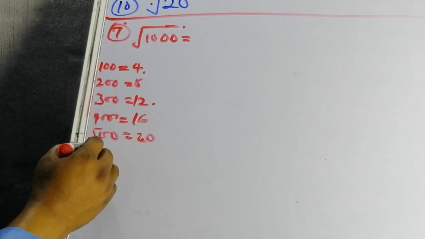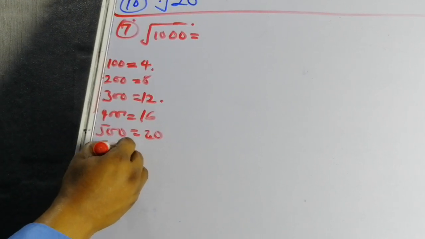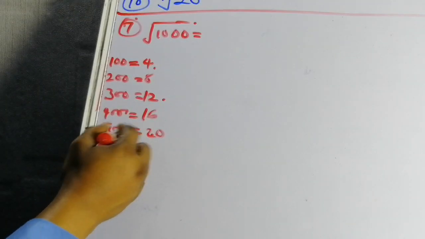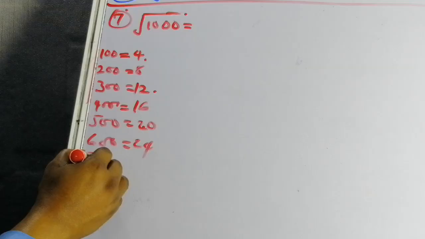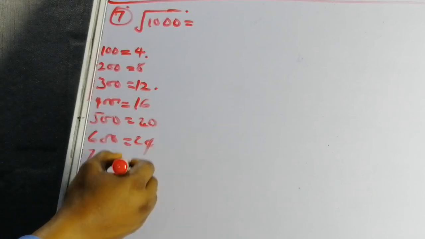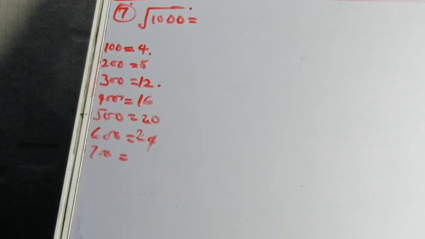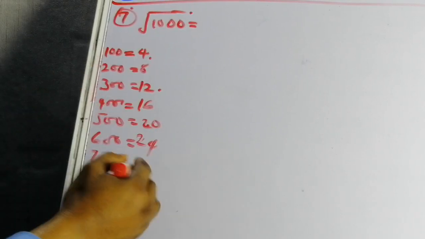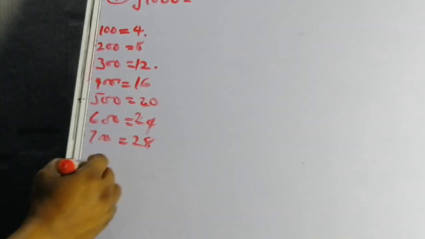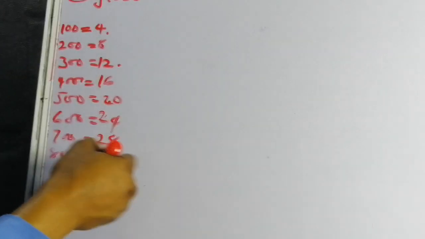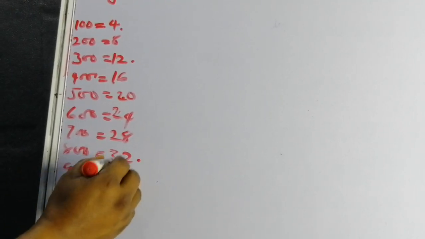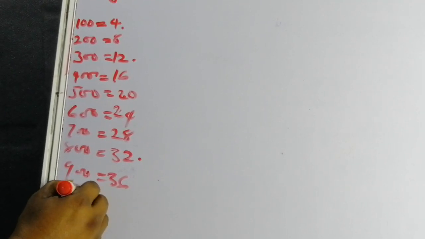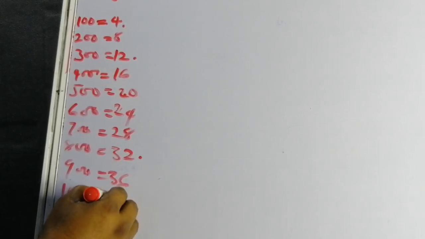For 600, add another 4, that's 24. Then 700, add 4 to it, because 25 in 100 is 4 times, so that is 28. Then 800, add another 4, that's 32. 900, another 4, 36. 1000, another 4, making 40.